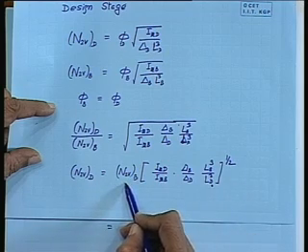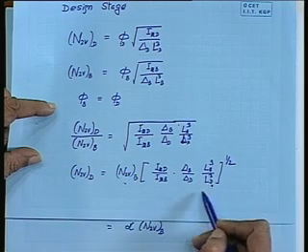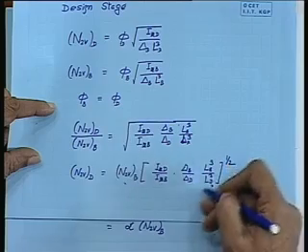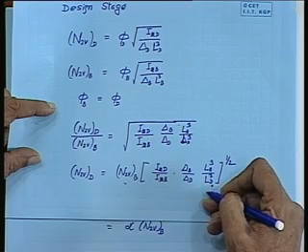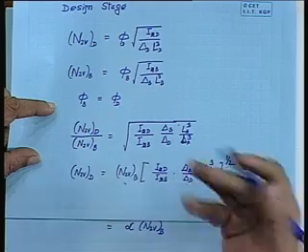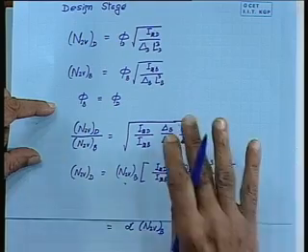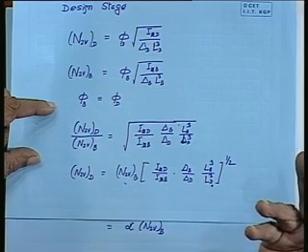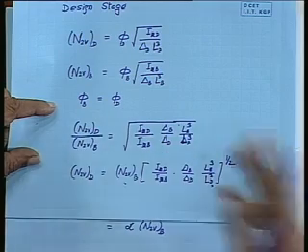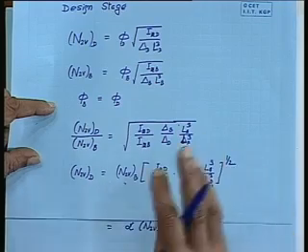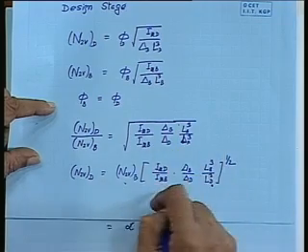I take the correct value, and whatever values you are getting for the proposed vessel compared to the basic ship, you take that. It may not work out to be alpha cube. If I define L by L as alpha, then this is alpha cube, but this may not work out to be alpha cube, because the B by B ratio will be slightly different. It will not be the same as the L by L ratio. The T by T ratio will also be different between the basic and the design ship, and therefore, whatever value you assume, you try to incorporate that.